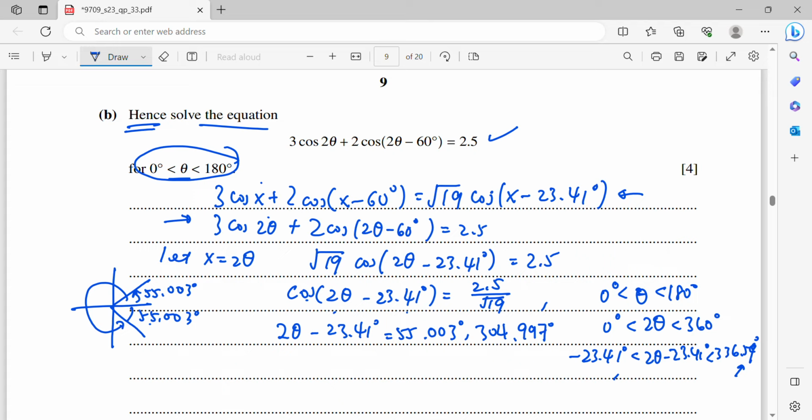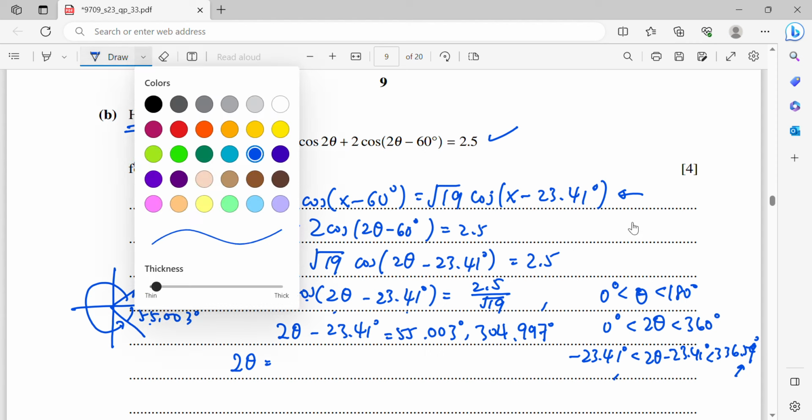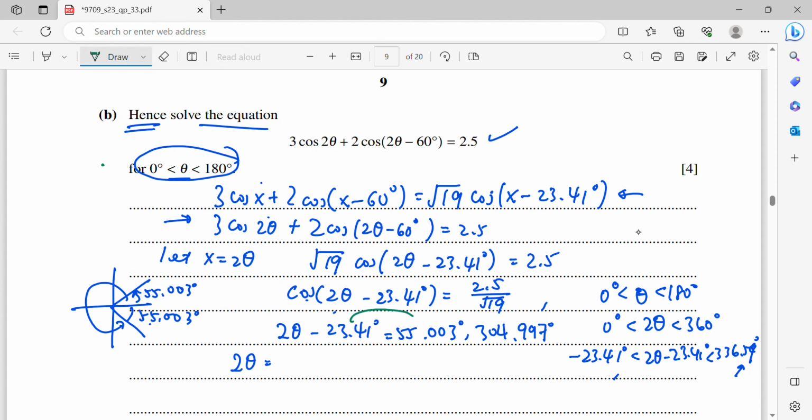So now my 2 theta, move the negative 23.41 degrees to the right side first, becomes plus. So when it is plus, you will get 78.4125 degrees, and the other one is 328.407 degrees.